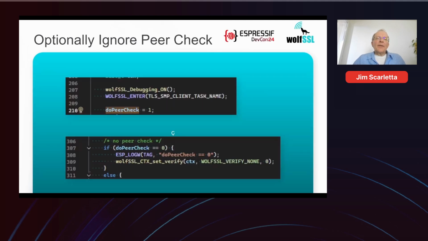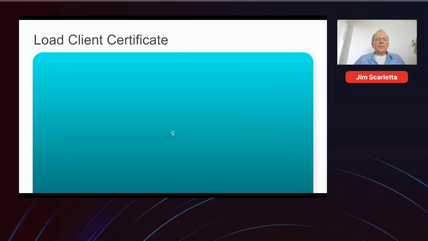There's an option here to ignore a peer check. But in this case, you'll see where the do peer check is set to true or 1. So a couple of lines down, we'll actually do a certificate compare with the peer. And so you see the set verify none is not being used here.